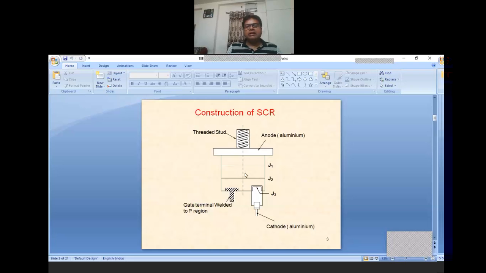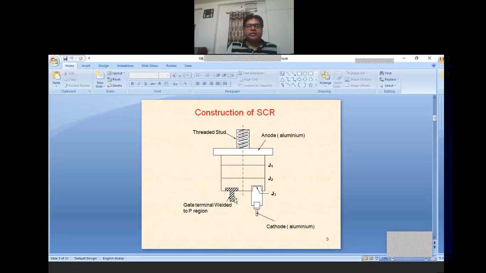The inner P layer is the lightest doped layer, and the gate terminal, which is welded to the inner P layer, is connected nearer to the cathode, or you can call it nearer to the junction J3. Gate terminal will be nearer to junction J3 and nearer to cathode when compared to anode.